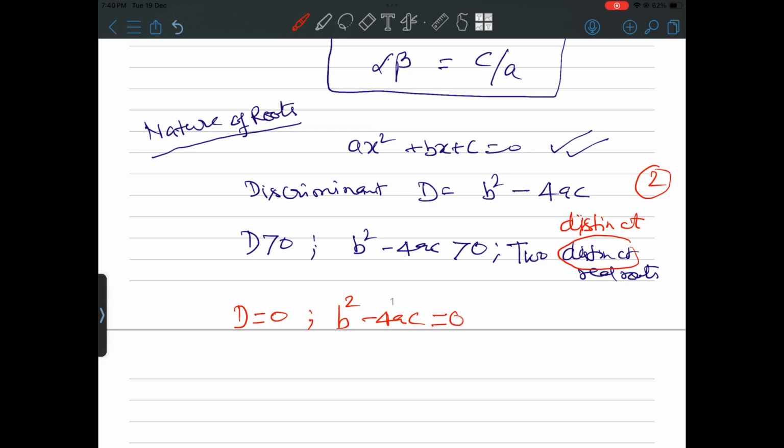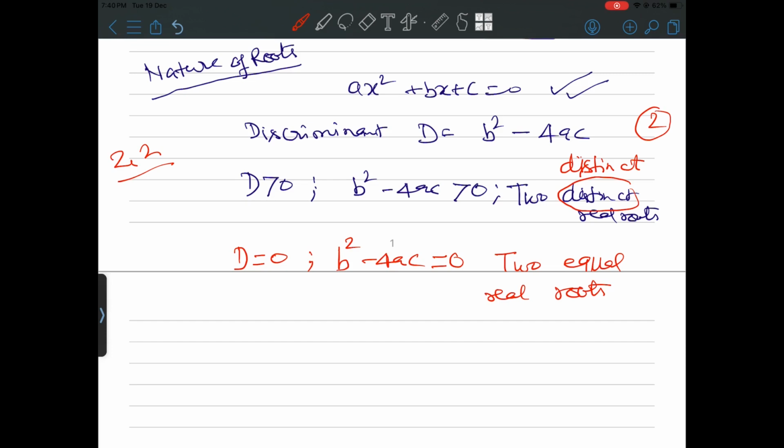It means that you will have two equal real roots, right? So roots are there, but they are the same. Suppose you got the roots as 2, 2. There are two roots because it's a quadratic equation, and a quadratic equation always has two roots, but they will be equal roots, right?